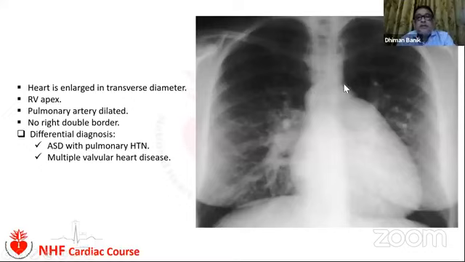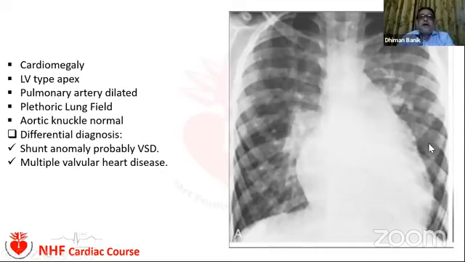In this X-ray finding, the differential should be stated. It might be ASD with pulmonary hypertension or multiple valvular heart disease, where there may be aortic valve involvement and mitral valve involvement as well, giving rise to a mild to moderate MS or MR, and to straightening of the left heart border.